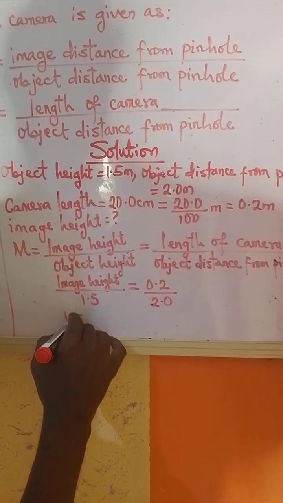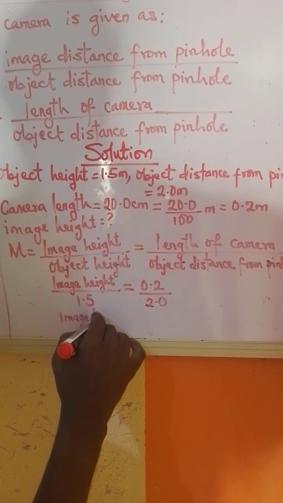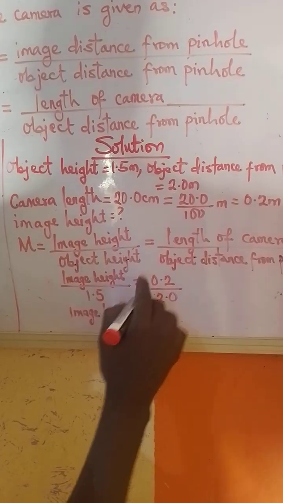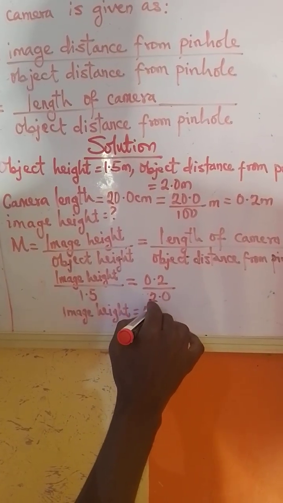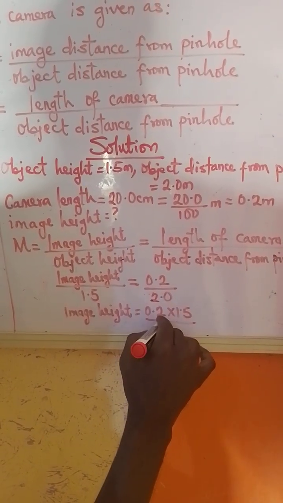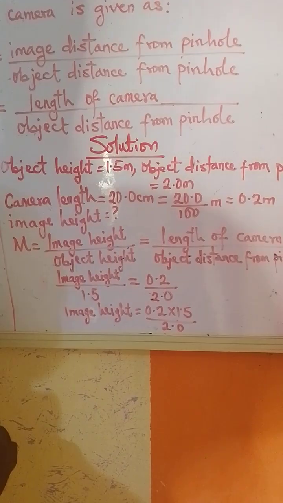Our image height becomes 0.2 times 1.5 divided by 2.0.